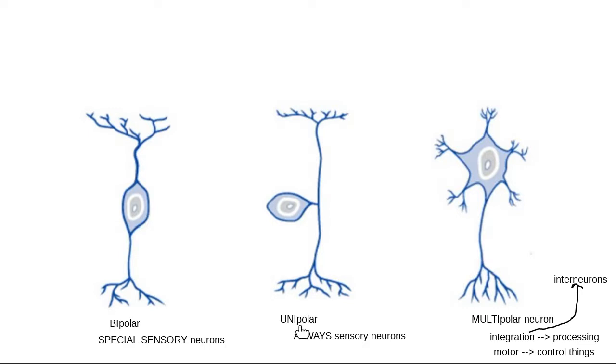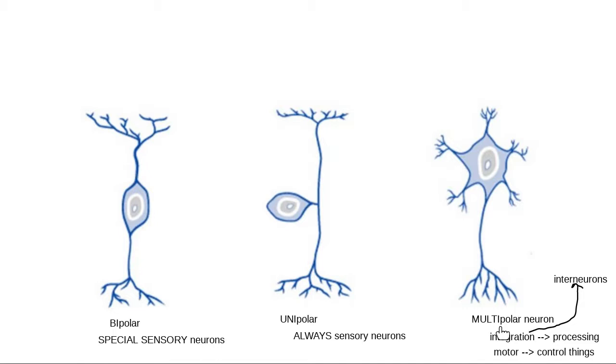So watch your questions on the homework. Make sure that if your question is asking you for the structural classification of a neuron, you use what I call a polar word. So we're bipolar, we're unipolar, or we're multipolar. How many extensions are coming off of the cell body?